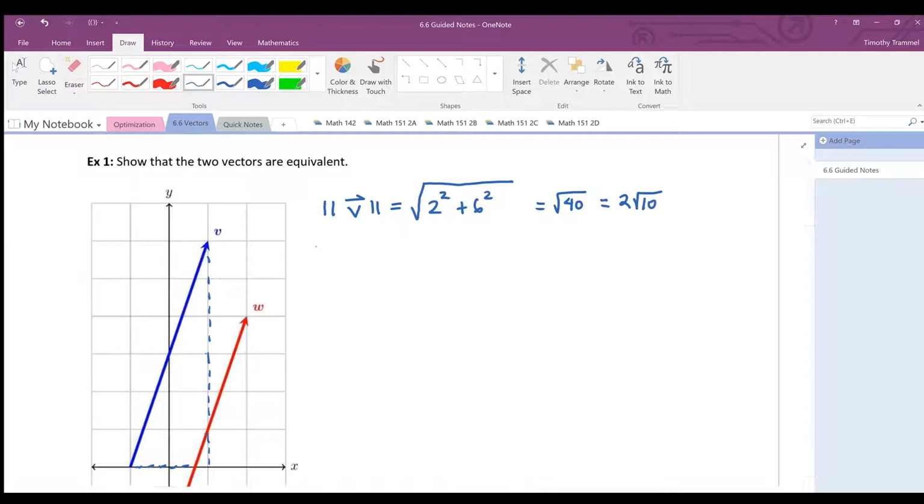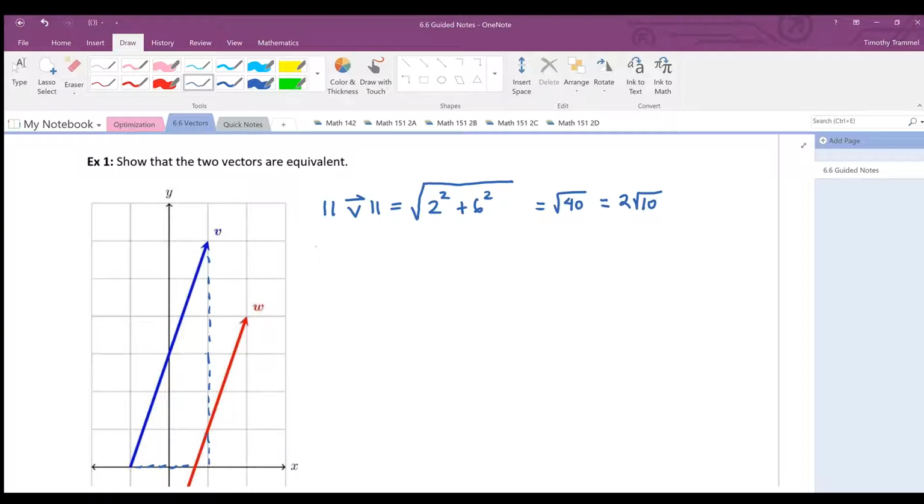The next thing that we want to do is find the direction of v. And we're going to have a couple ways that we can actually check the direction here. I'm going to have us start off with the more simple one first, and then we'll come up with another way of thinking about the direction of vectors in a little bit. So the more simple way is if these two vectors are really headed in the same direction, they should have the same slope.